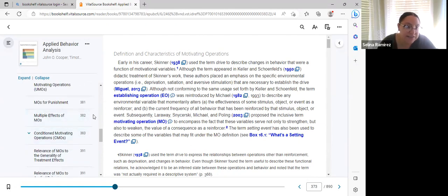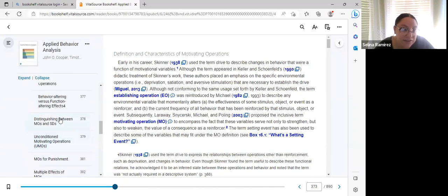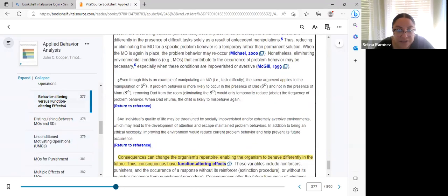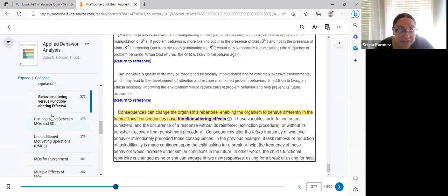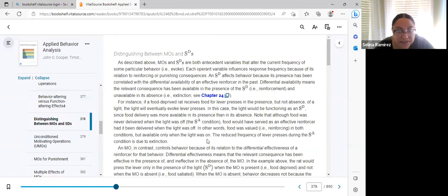Okay, so next week we'll go into the conditioned motivating operations, I think, and the UMOs. Behavior altering versus function altering, okay, we did that. And then the next one is this one.